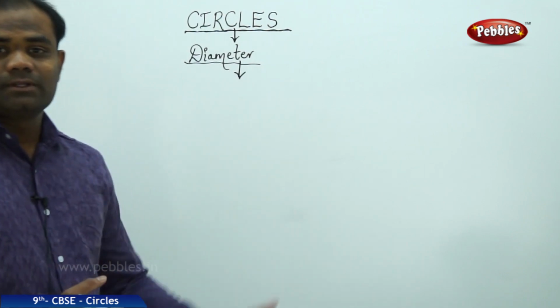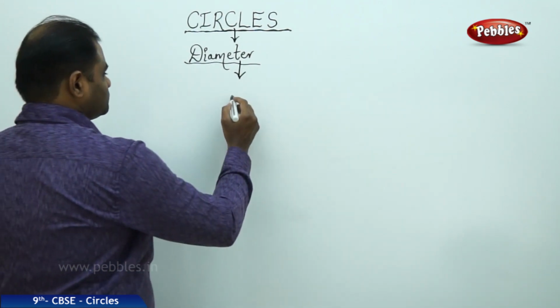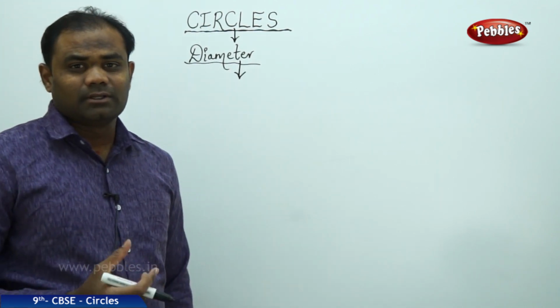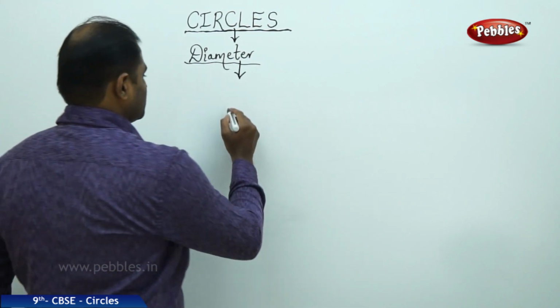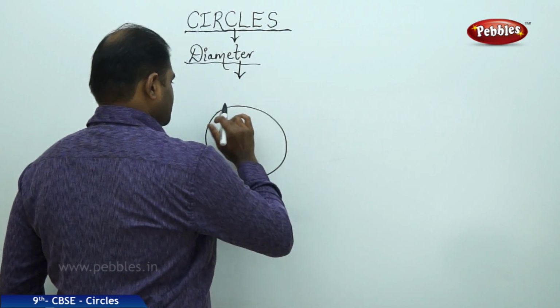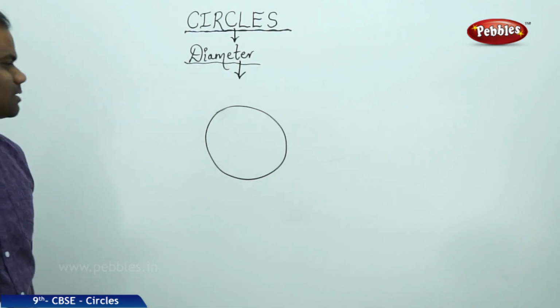To start with, the definition of the diameter. In order to define a diameter for a circle, let me take a circle into consideration. So here is the circle.